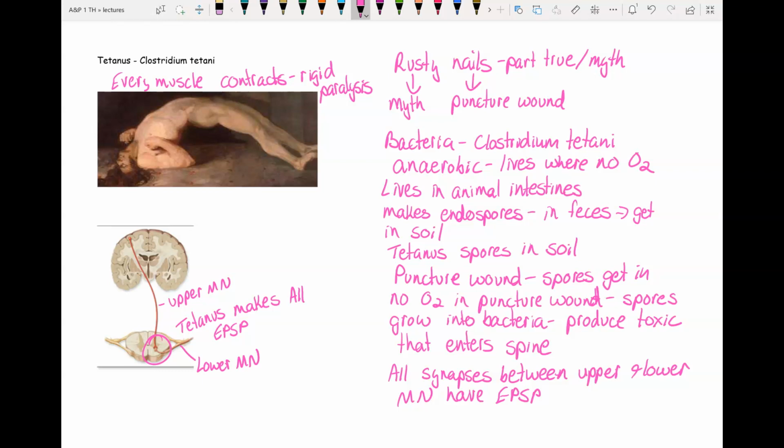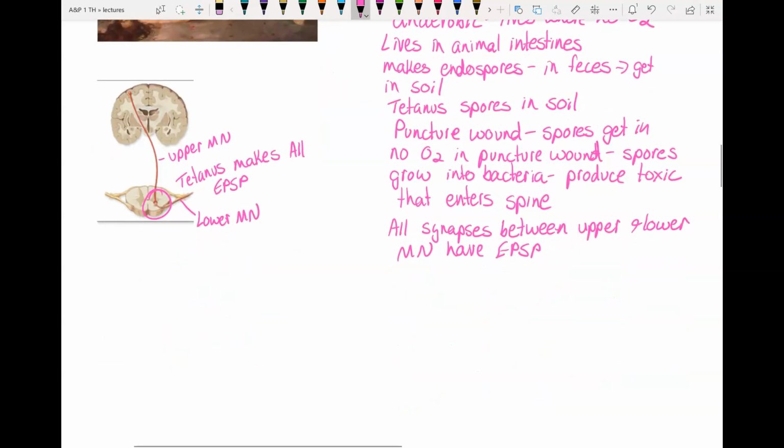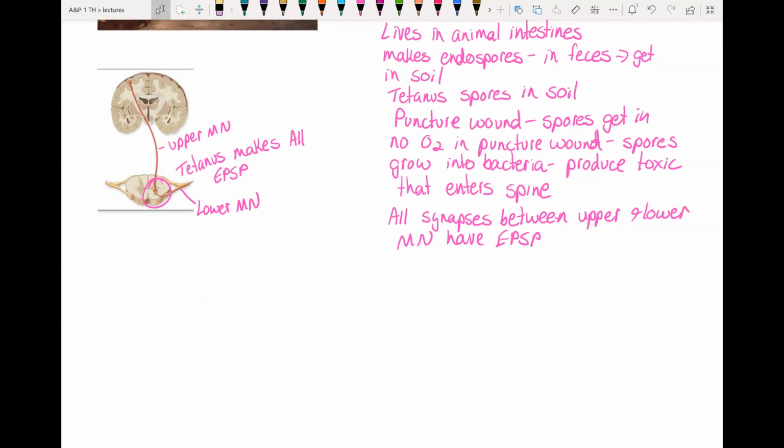And the jaw will close and it can't open because the muscles that close your jaw are stronger than the muscles that open it. And when those two muscles get in a fight over your jaw, the ones that close it win because they're stronger. So because you have all of these synapses EPSP, every muscle contracts, causing rigid paralysis. And the contractions can be so violent that you can actually break your own bones.